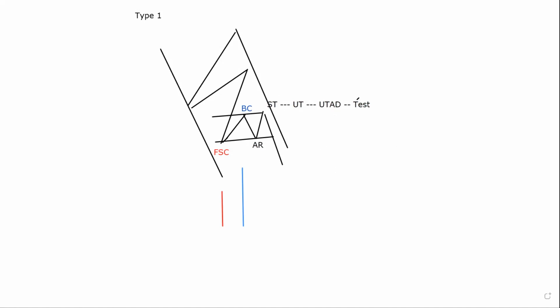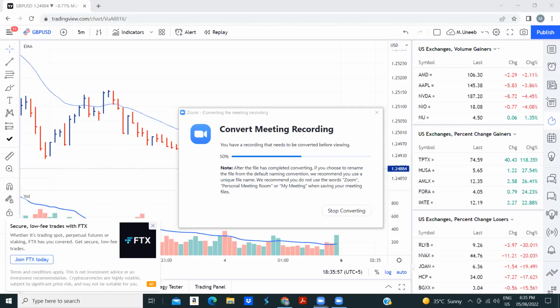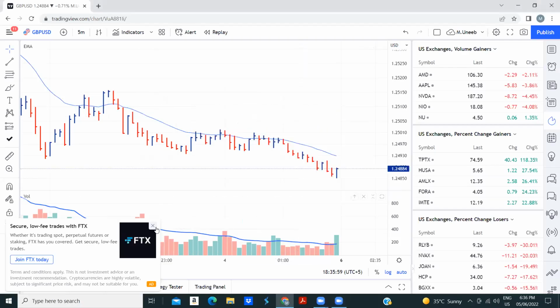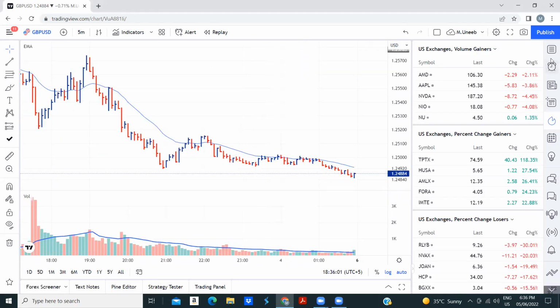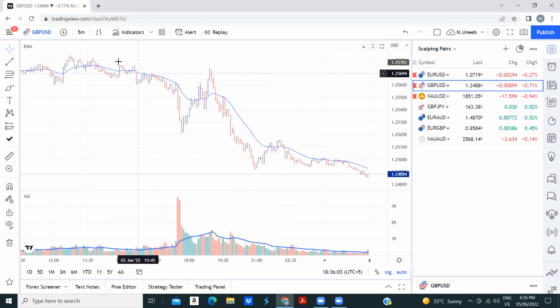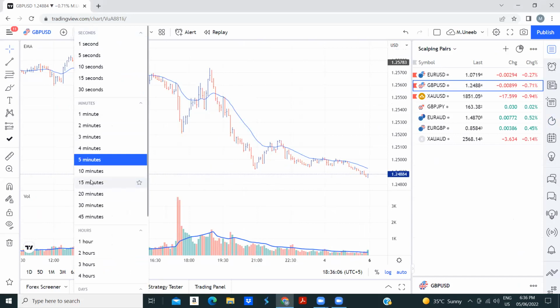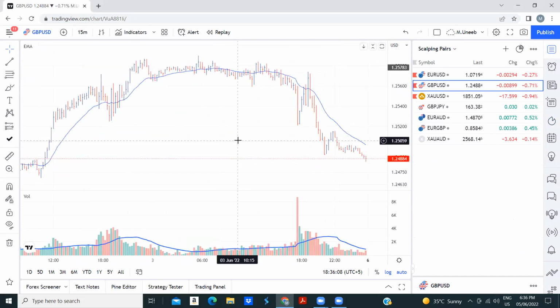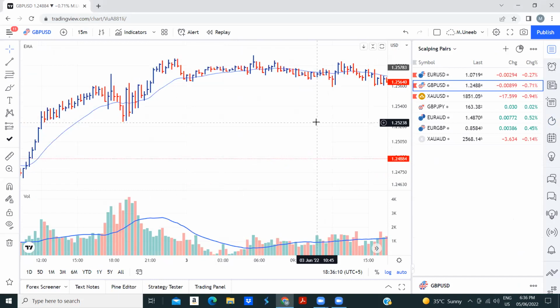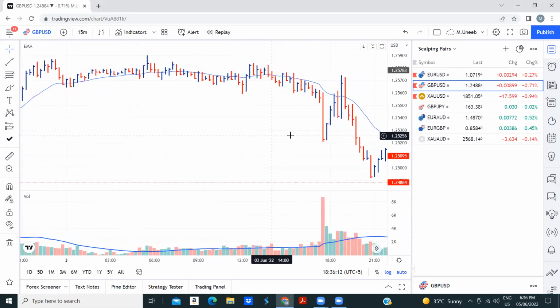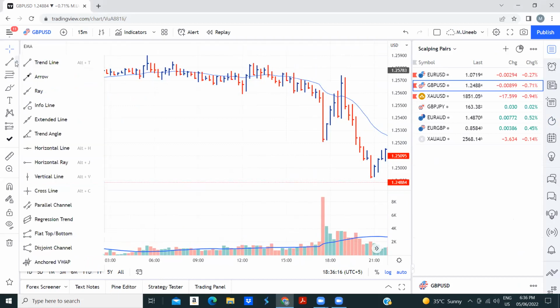All right. So let's go to the chart now and see what we can deduce from it. GU, 15 minutes. How about this Friday? Let's analyze this one as well. Although it was a holiday, I will still analyze it. The London Open was right over here, the vertical line.